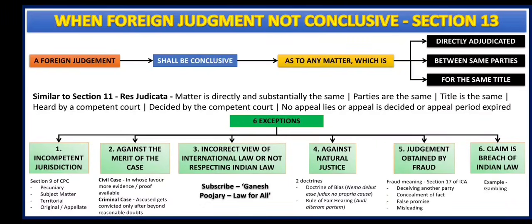When it comes to principle of natural justice, we need to know two important doctrines. That is, nemo debet esse judex in propria causa, which means doctrine of bias, and then we have audi alteram partem, that means rule of fair hearing.